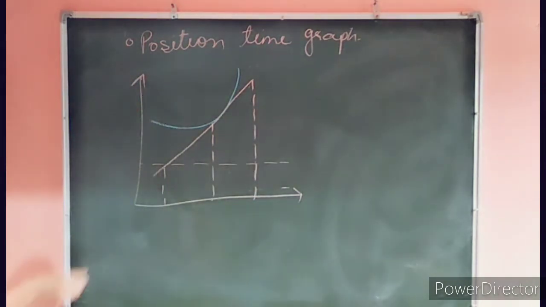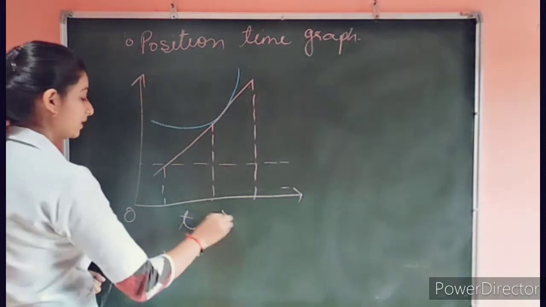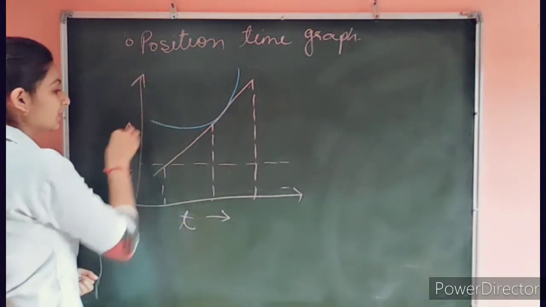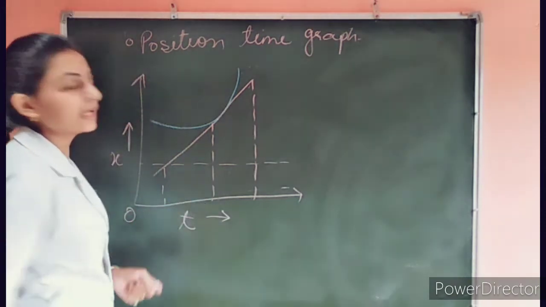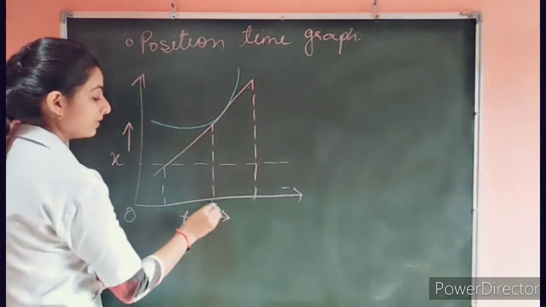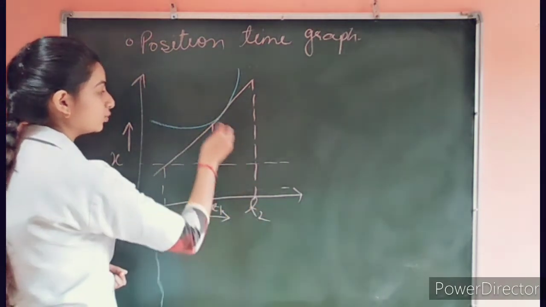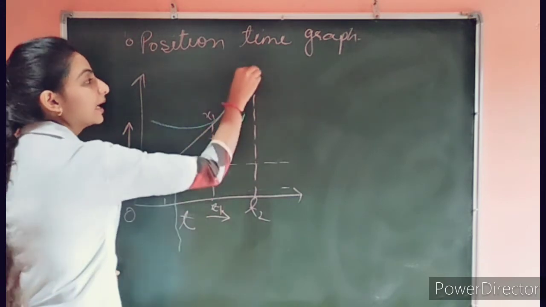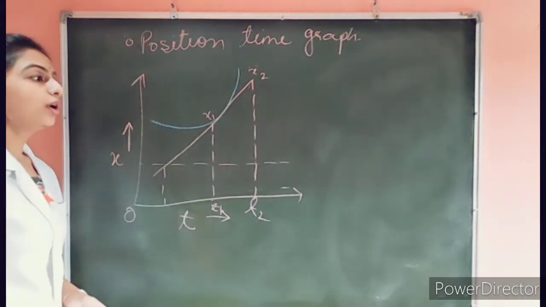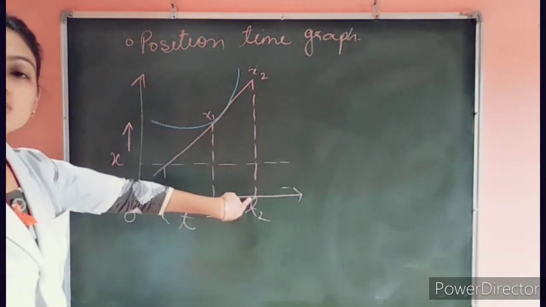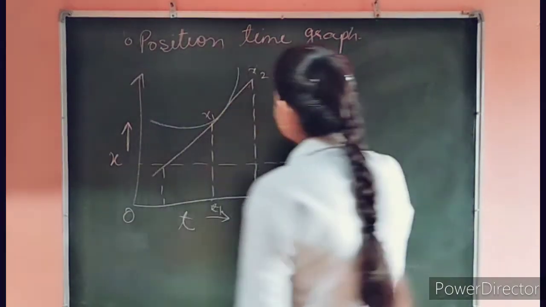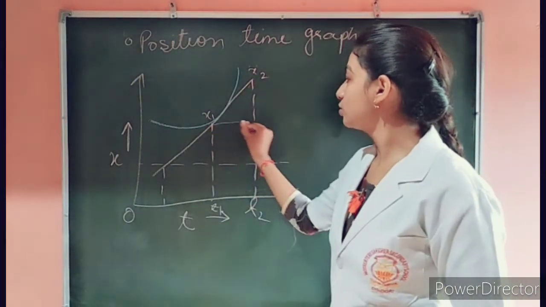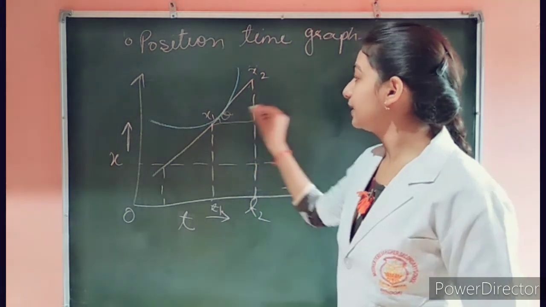This is our time t and this is our x. We can take any points, so here we take t1 and here t2, with x1 and x2. The displacement between the two points also generates a tan theta.